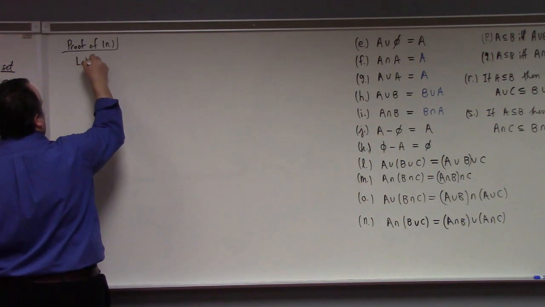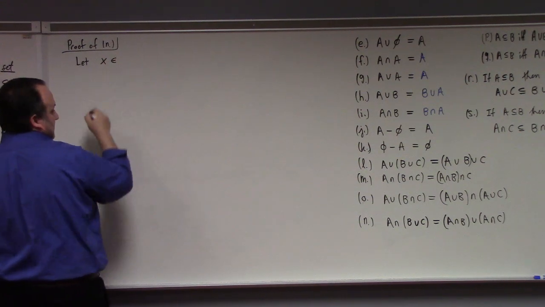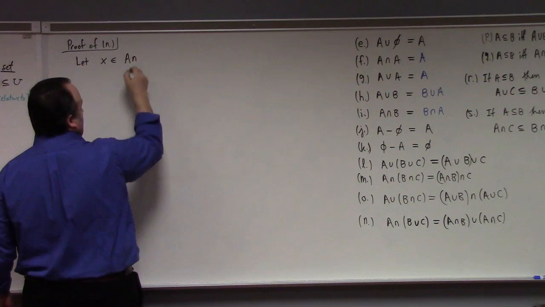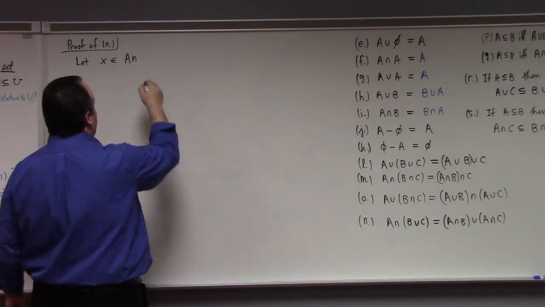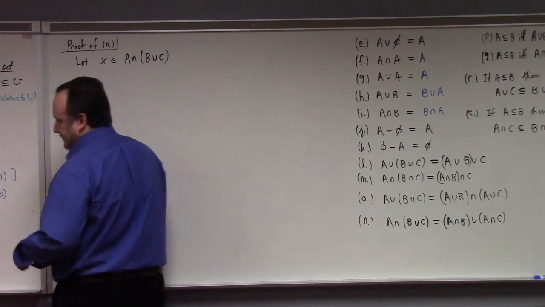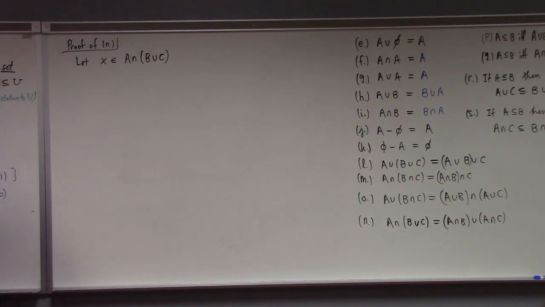Let X be an element of A intersect B union C. All right? By the way, this is all done under the banner that we've already assumed A, B, and C are sets, so that's why I'm not writing it again. I hope you guys can forgive me for not writing that.